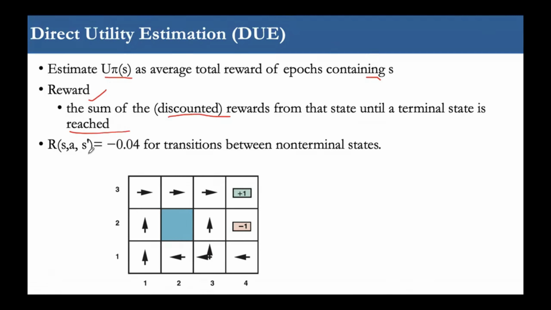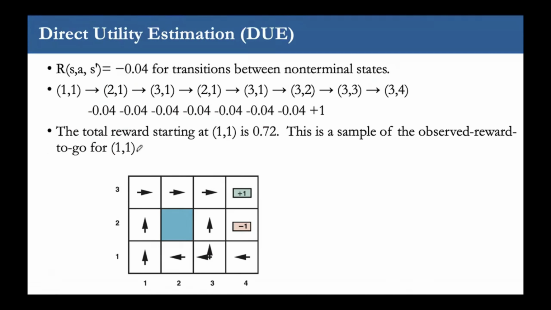And we'll see this with an example. Consider the reward from the current state with an action. It moves to the next state will be minus 0.04 if it moves between the non-terminal states. So if this is the case, then how the utility is estimated, we'll see with an example.